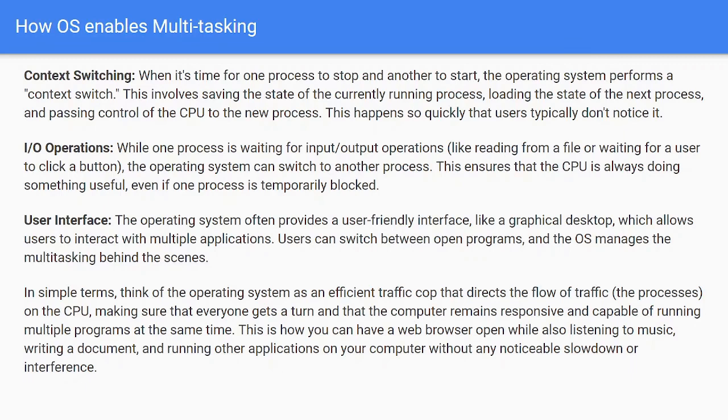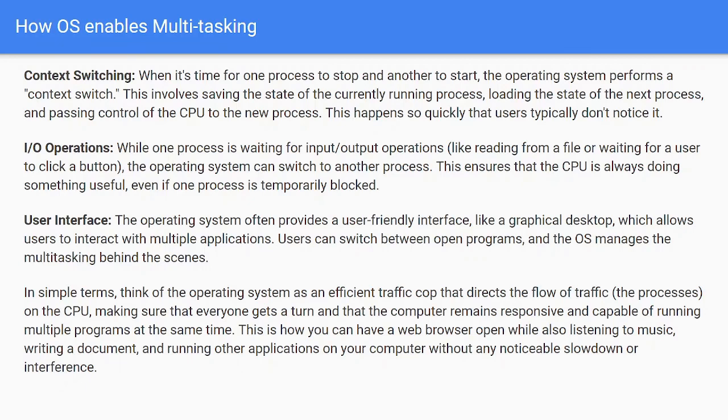Like we talked about, when you're using different applications at the same time, your OS is the one that manages everything behind the scenes. In simple terms, think of an operating system as an efficient traffic cop that directs the flow of traffic. So just think of it as a traffic warden.